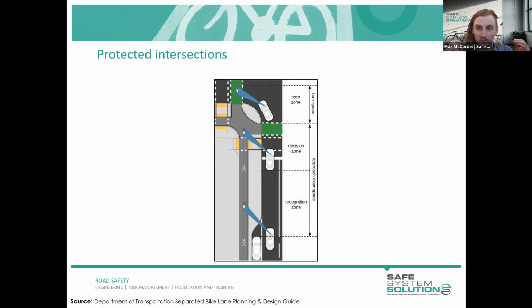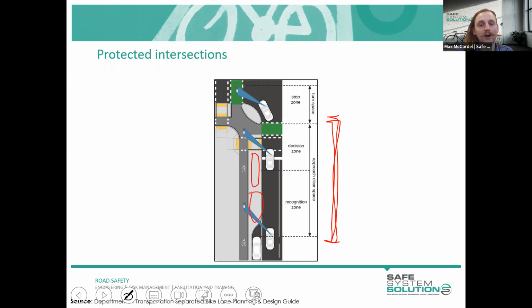A really critical thing is this idea of creating an area where there's just clear sight lines, so approach clear space. The reason for that is if you had parking all the way up to the intersection, a motorist may not be able to sight a cyclist at these locations. And it also goes both ways, the cyclist being able to see general traffic as well.